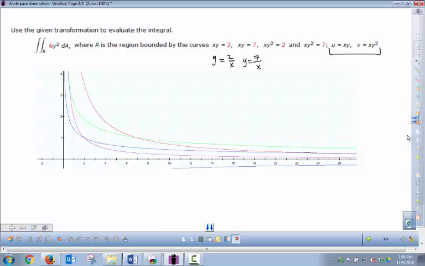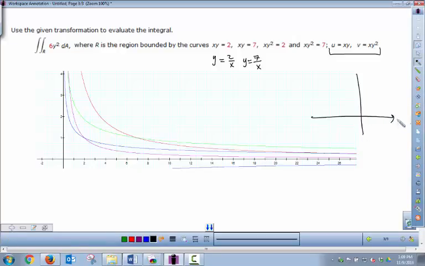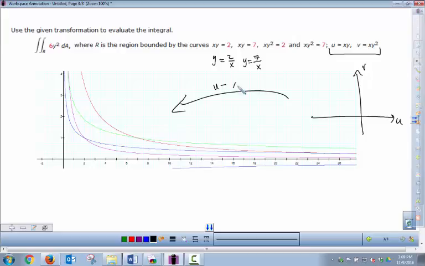What you want to do is go to the uv space and figure out what happens to this transformation when you let u equal xy. So if you have this information, you're given the u values, 2 to 7, and you're given the v values, 2 to 7 as well.